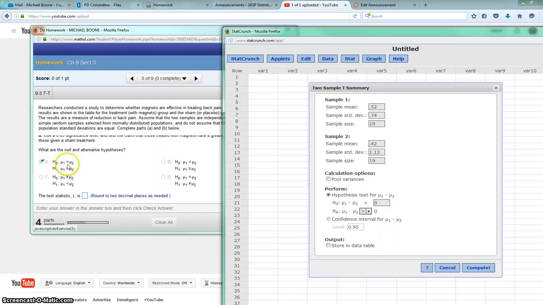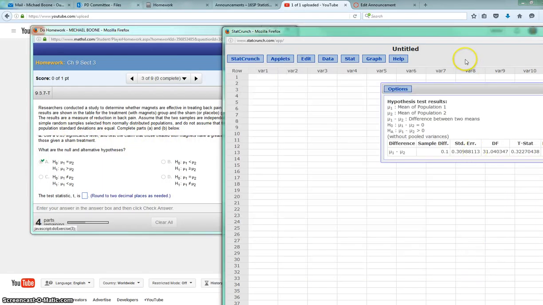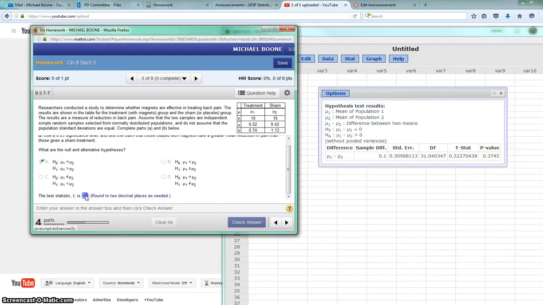Saying that they're equal to each other is the same thing as saying that the difference is 0. And the first one being greater than the second also means that if you subtract them, you'd get a positive number, something larger than 0. So we put all our information in, we uncheck this box because it says do not assume they are equal, and hit compute, and we get a test statistic and our p-value.